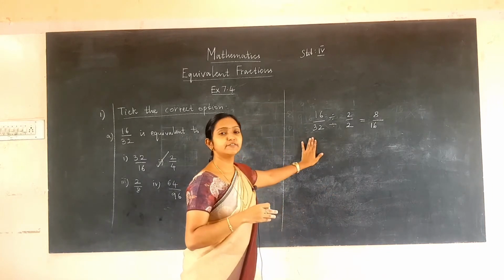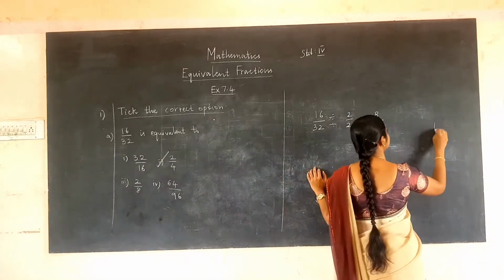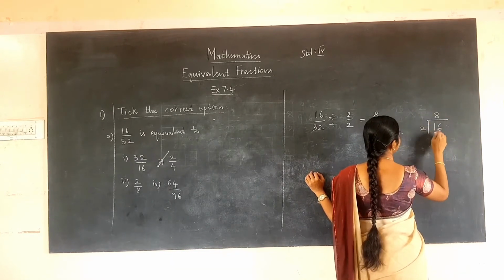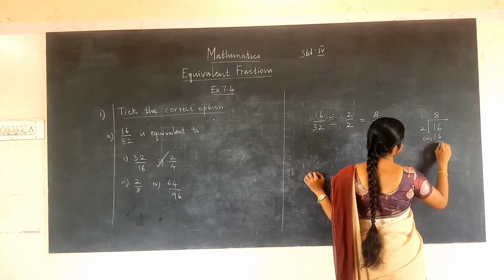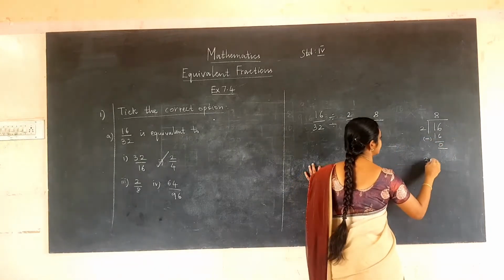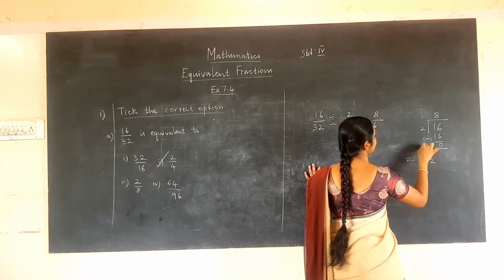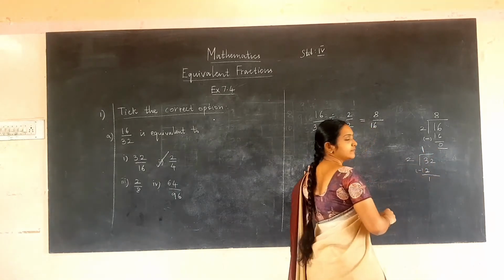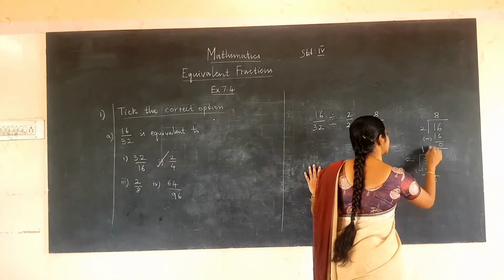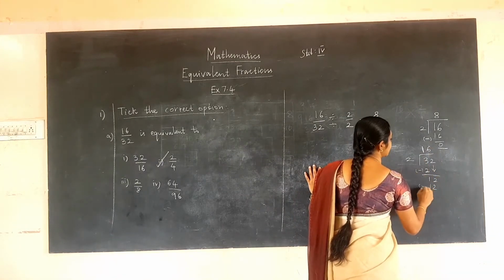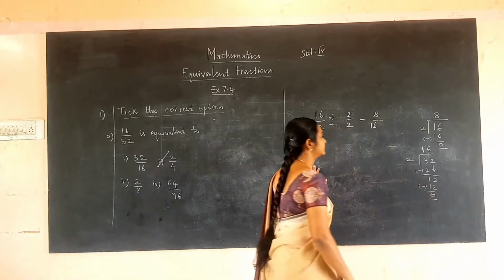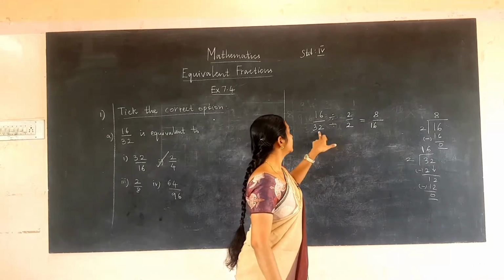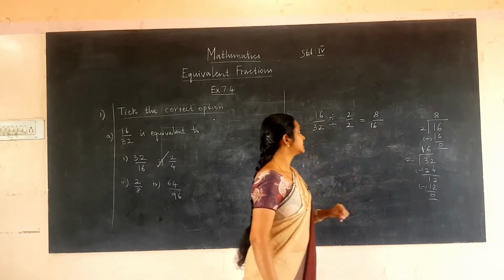If you find it difficult to divide like this, then write like this and divide. 8 2s are 16. And here 32 divided by 2. 1 2 is 2. Remainder we are having 1. We have to bring down the 2. 6 2s are 12. 12 minus 12 is 0. So 32 divided by 2 is 16.